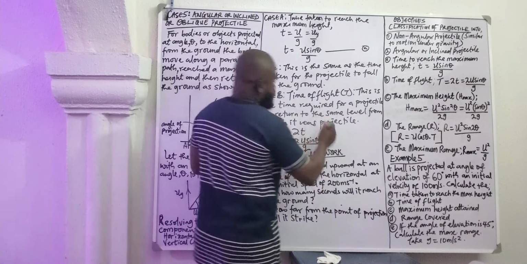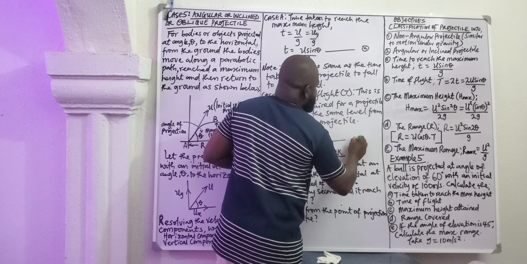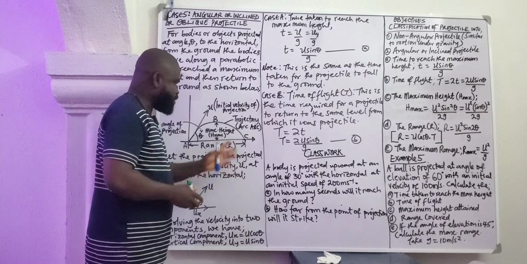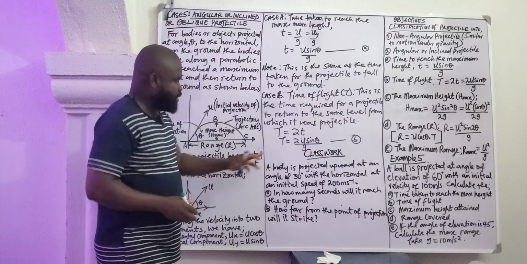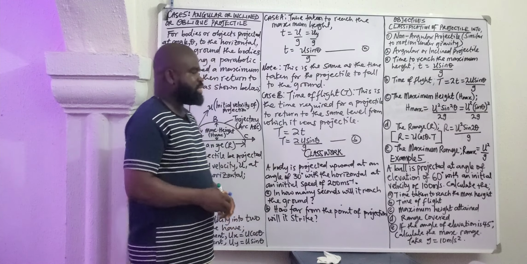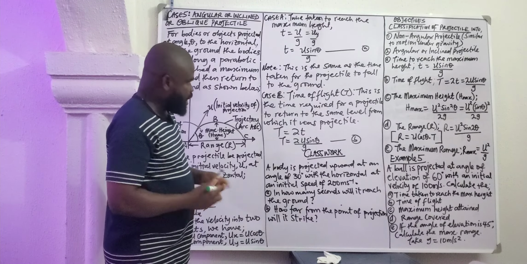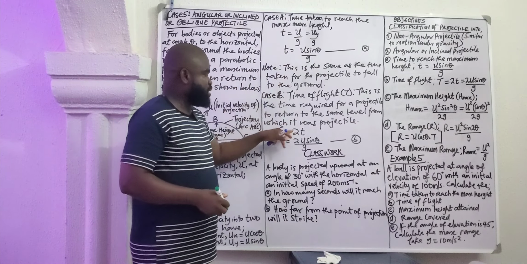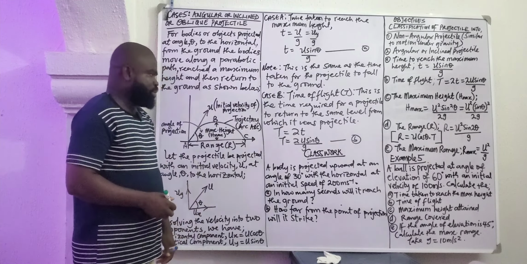So we use this to obtain the time of flight. So if they say find the time of flight for an angular projectile, you say T equals 2u sine theta over g. And as usual, if you have calculated the time it takes to get up, you can just say simply 2t and you will get that.